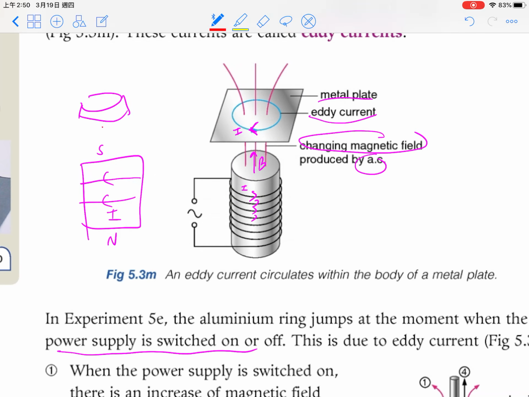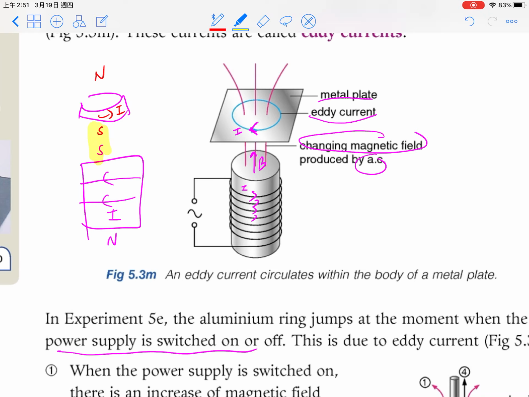In order to oppose, the south pole should be induced at the bottom of the ring. So we can have induced current in this direction. So we can see there will be an opposing force, by like poles repel here.